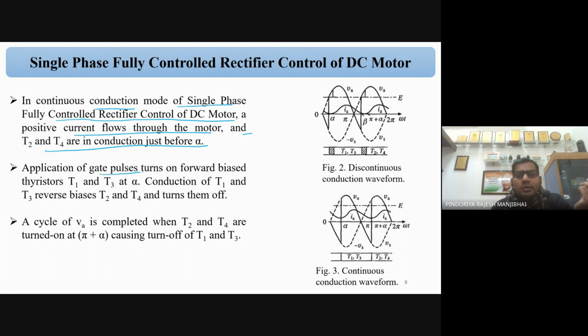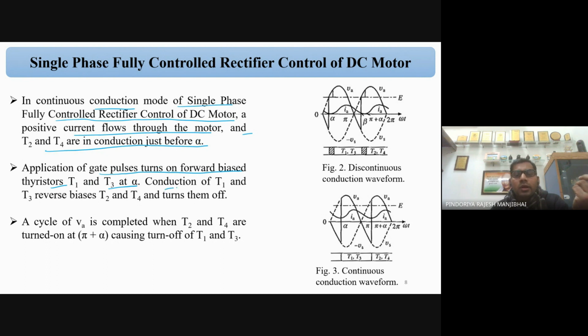Application of the gate pulse turns on the forward biased thyristors T1 and T3 at alpha. Forward bias means positive terminal to positive and negative terminal to negative. Once the thyristor is forward biased, it is in conduction mode. Once the thyristor is reverse biased, it is not in conduction mode.